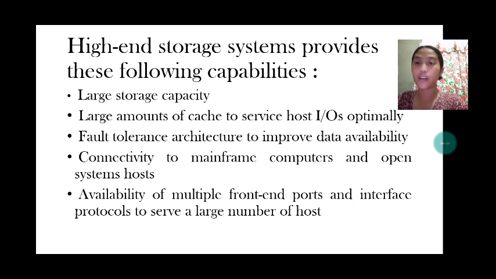The second one is large amount of cache to service host IOs optimally. Fault tolerance architecture to improve data availability, connectivity to mainframe computers and open system hosts. Availability of multiple front-end ports and interface protocols to serve a large number of hosts.